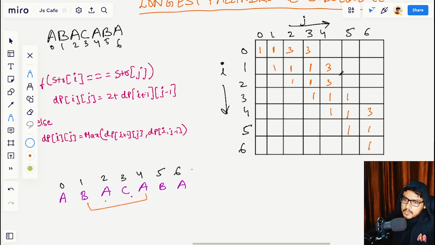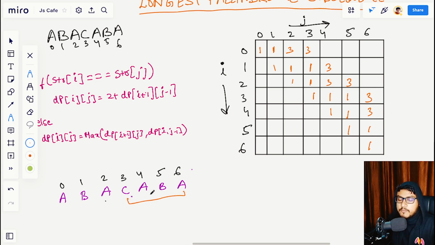Next we move ahead. A and b are not matching, so the maximum of these values is 3 in this case. Move ahead. We see that c and a are not matching, so it would be the maximum of this value and this value, which is 3 in this case. We are done with length 4.